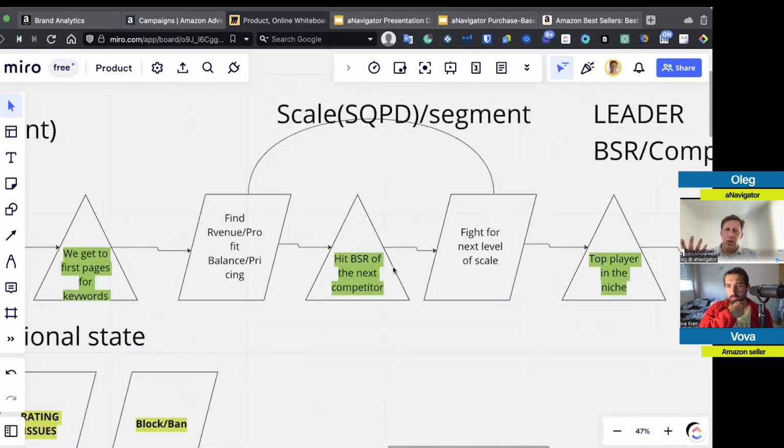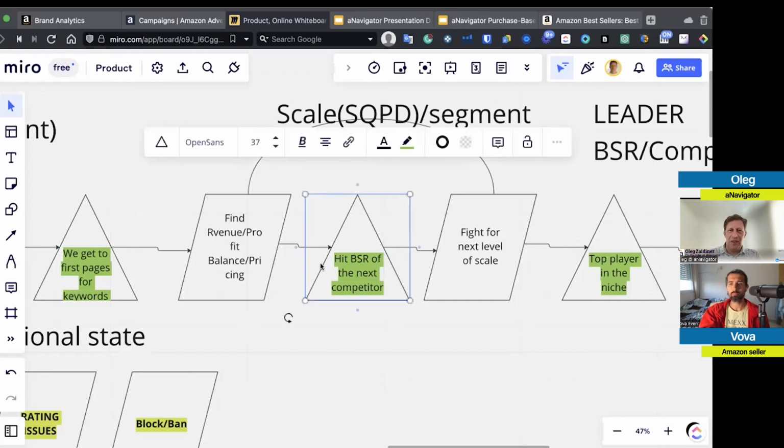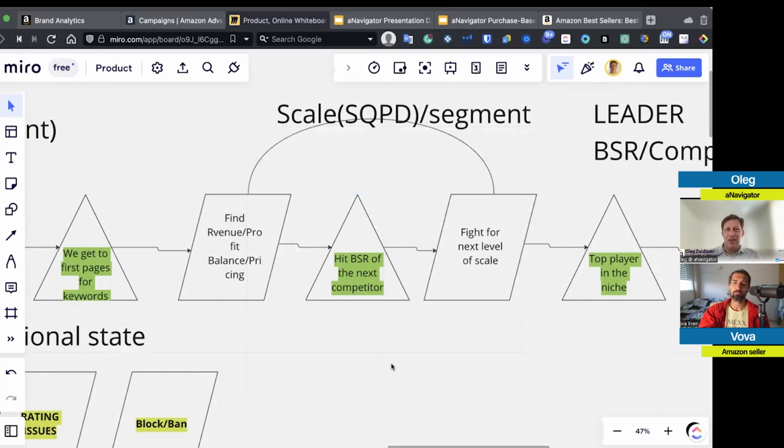My main idea with this framework is that we have daily checks with our team. We check every product that we're managing, what's going on, where we are. There are different KPIs for every product. So when we scale, we check SQPD and we understand profit, gross profit, everything.